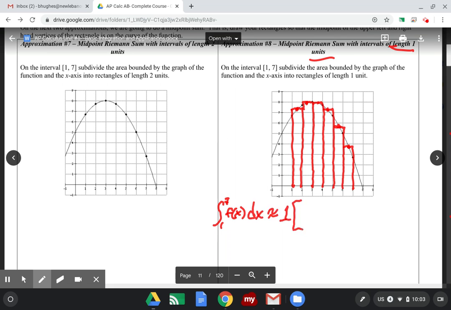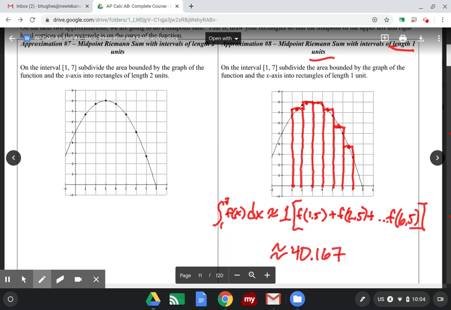So I would have f of 1.5, because that's the height of my first rectangle, plus f of 2.5, all the way up to f of 6.5, which is the last one. So the area of this one is 40.167.